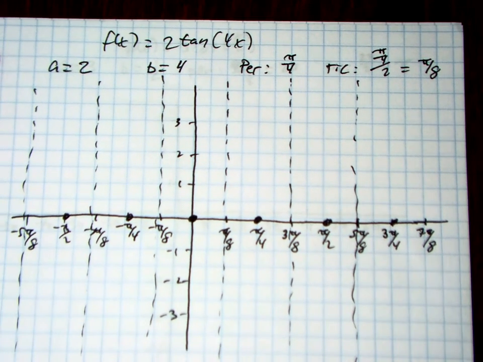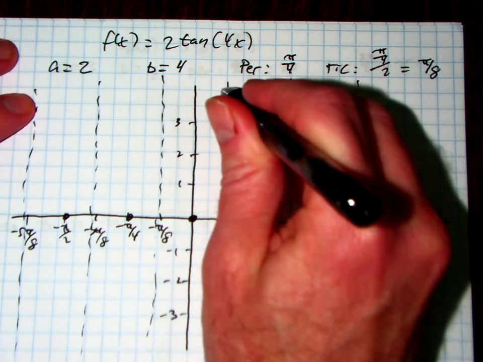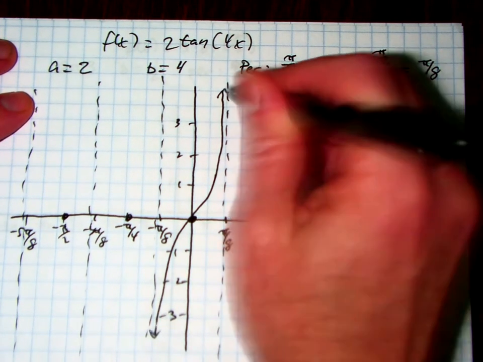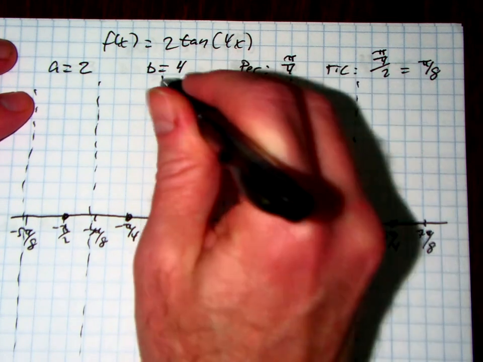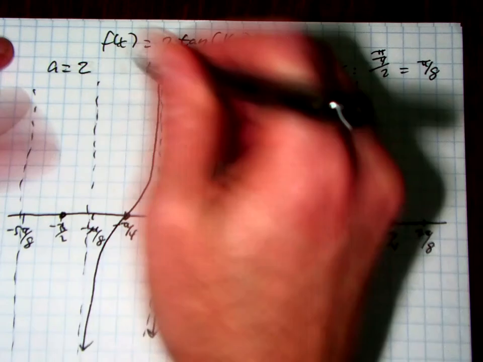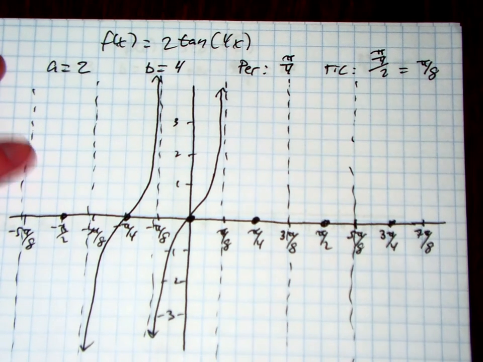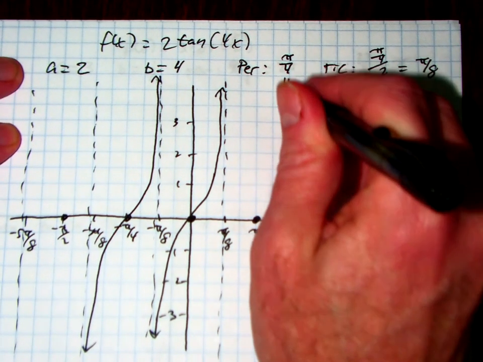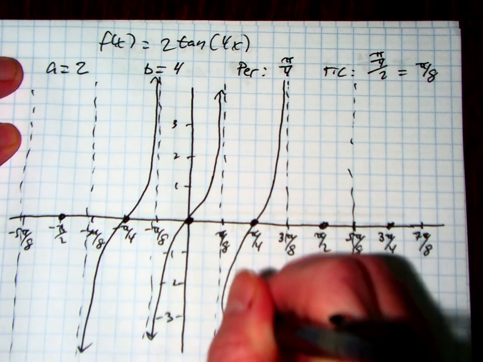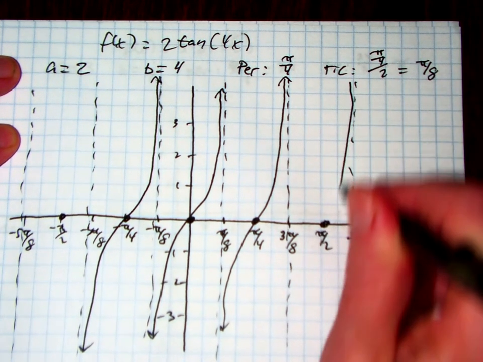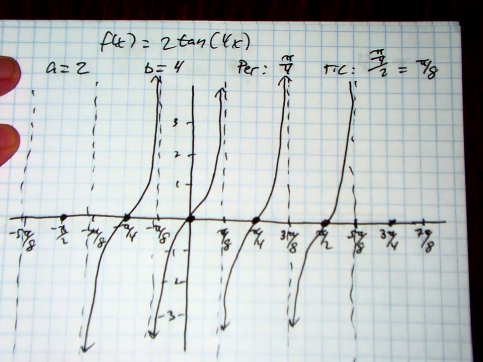So in between the asymptotes, I'm just going to do that general shape, making sure I'm hitting the x-intercept as I go through there. Now, we could be more precise, but there's really not much need to. If you want a super precise graph, that's why we have graphing calculators. But this is certainly accurate to a pretty high degree.